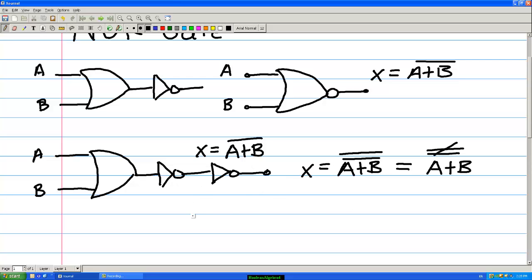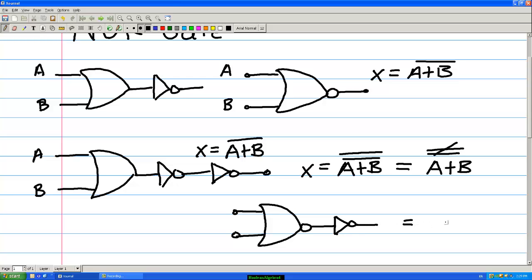And it would be the same if we have a NOR gate using its own symbol, and we follow that with an inverter or a NOT gate.